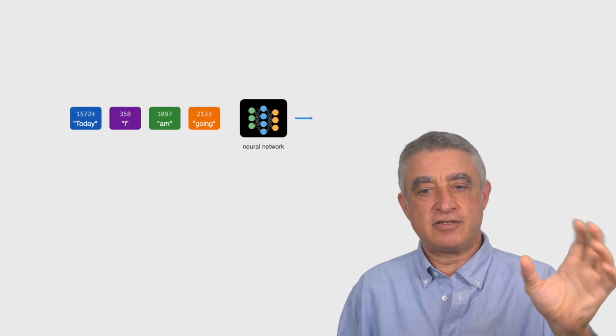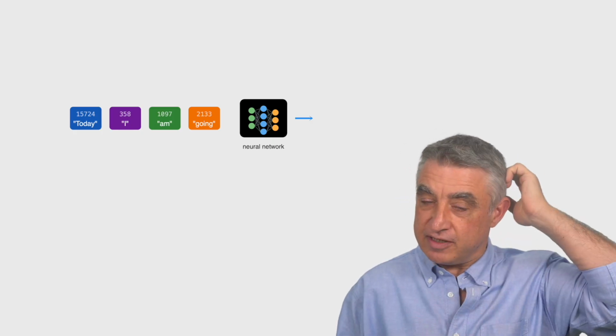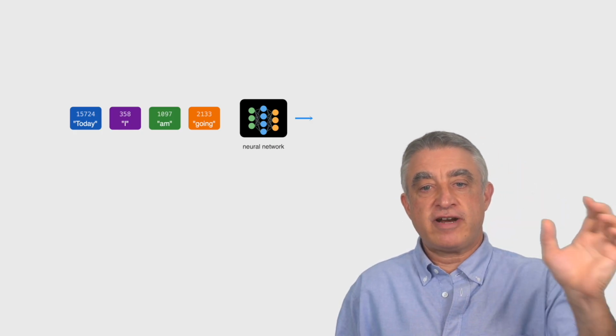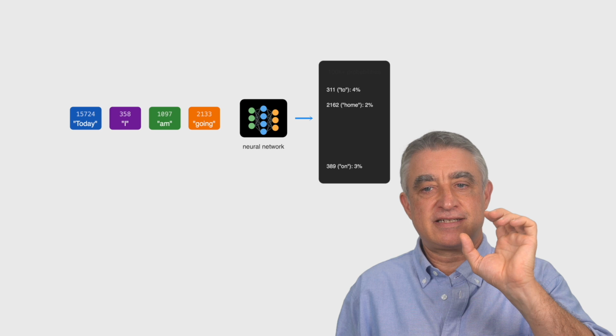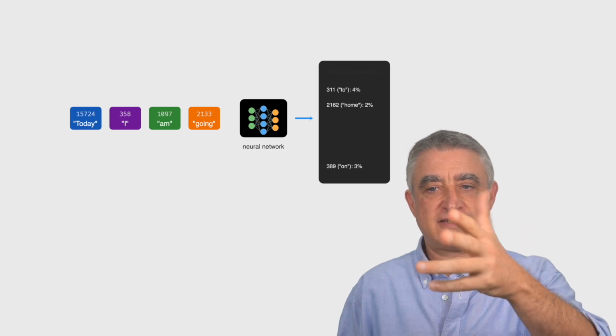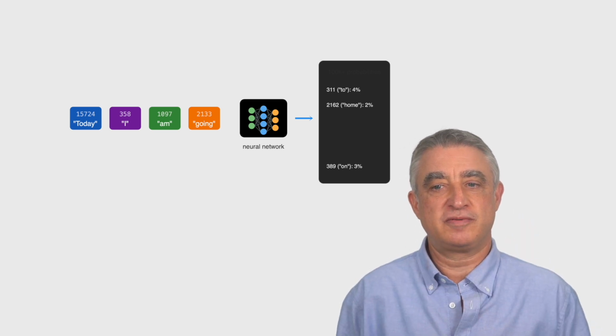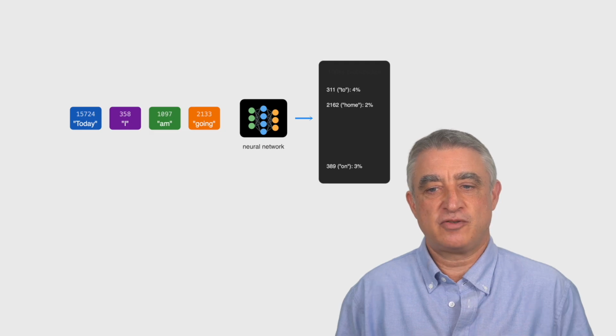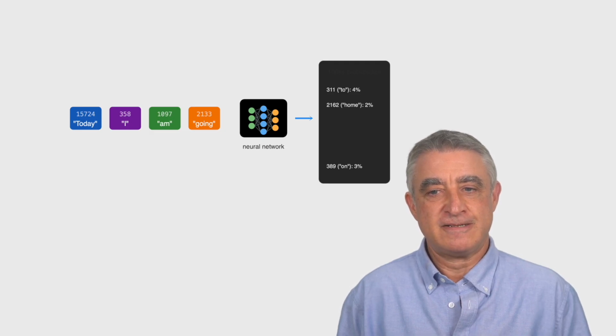So what you do is you select tokens from that huge string randomly, and you put them into your neural network, and the neural network predicts the next token. In this case, you'll see it's got 2 as 4%, home as 2%, on as 3%.